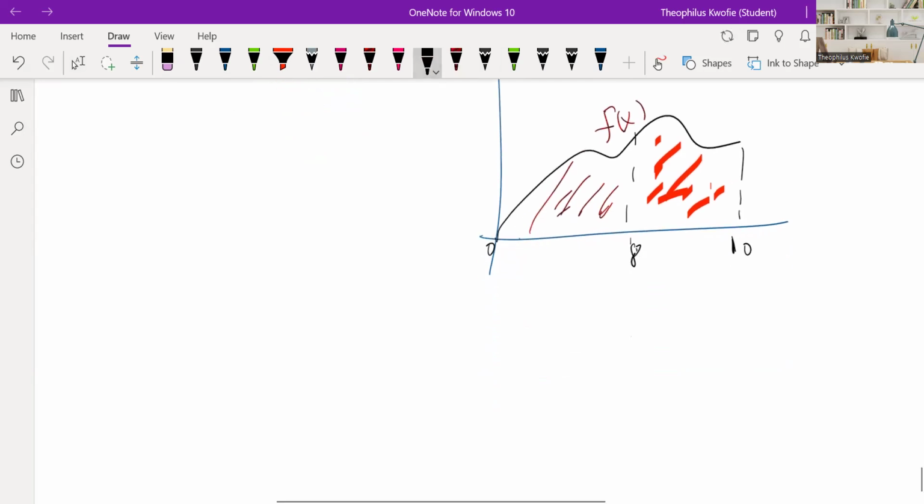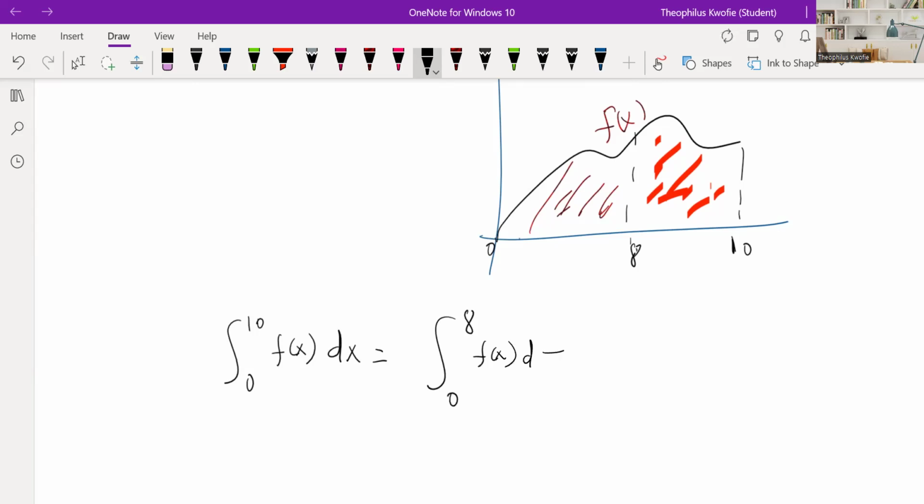For us to move from 0 to 10, first one has to move from 0 to 8. Then you move from where? 8 to 10, okay?